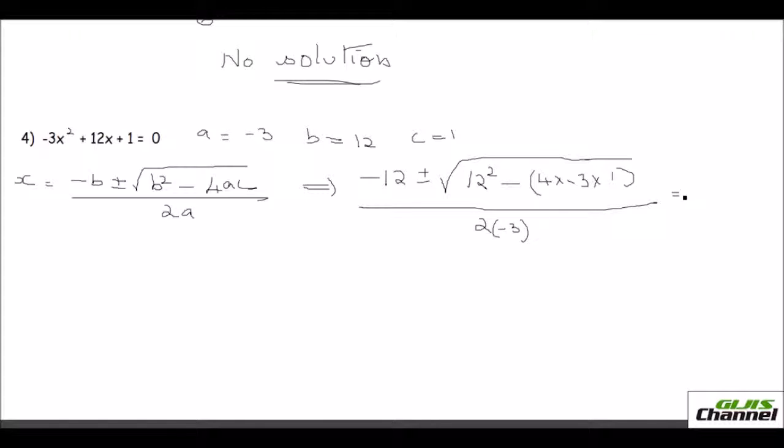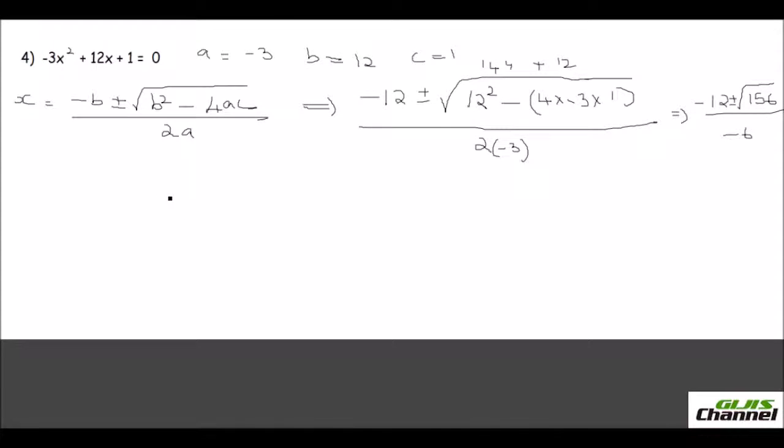So that would give you minus 12 plus or minus square root of b square is 144, and here this would become plus 12. So that is 156, divided by negative 6.